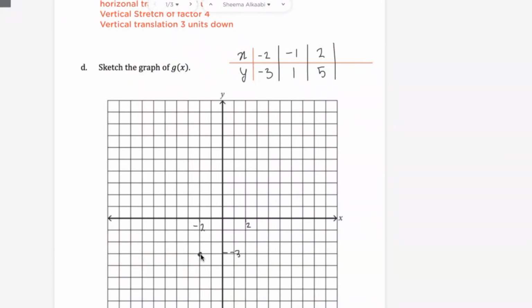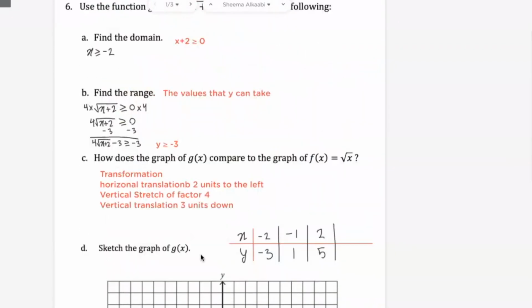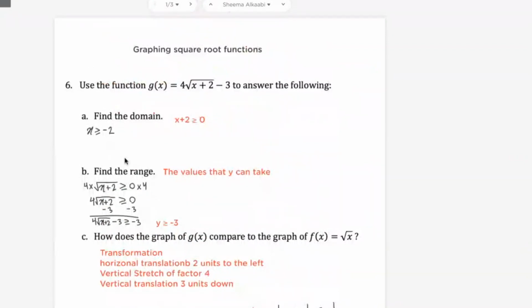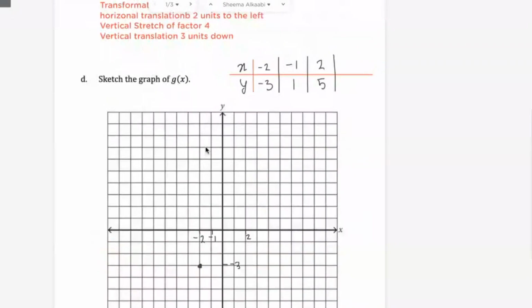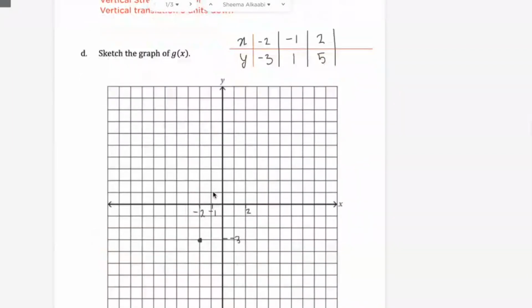Okay, this is your starting point because the function starts from -2. So you're going to start here. There is nothing before. And then you put -1 and 1, which is this point. Good. And then you put 2 and 5. What is 2 and 5? This is 2, 1, 2, 3, 4, 5, this point.